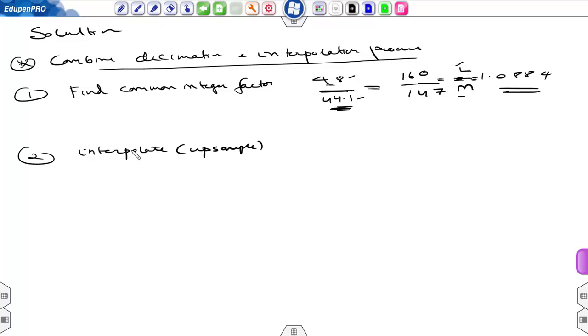After that, interpolate or upsample by factor L. In this case, L is 160. So you have to upsample it by 160.